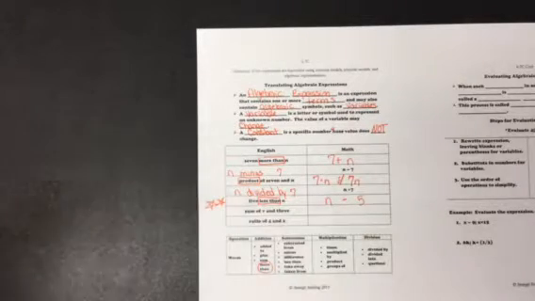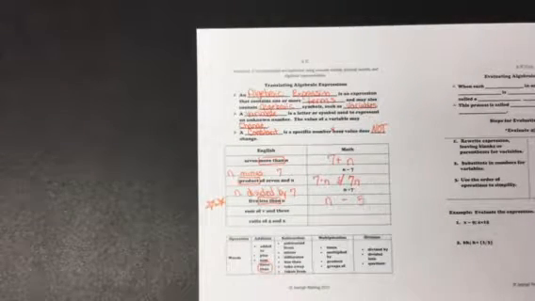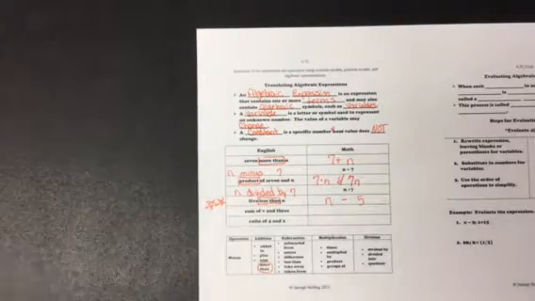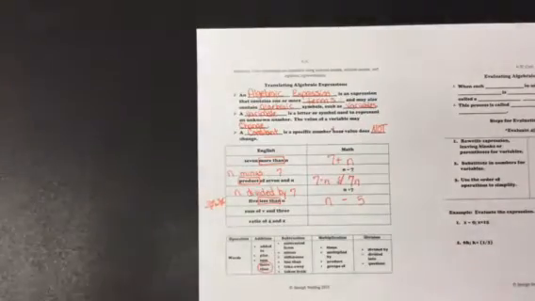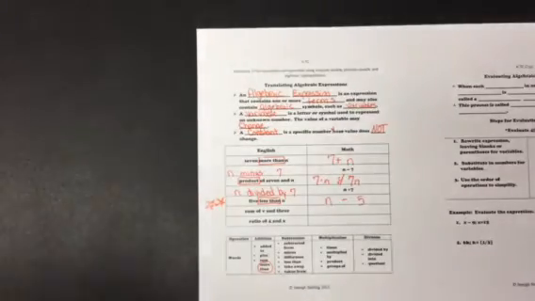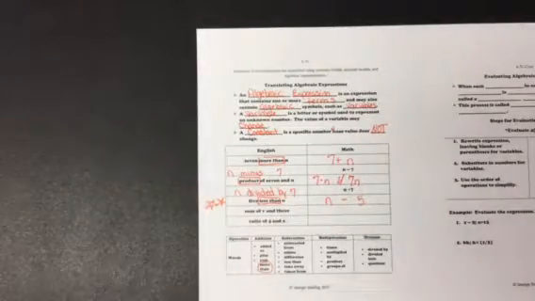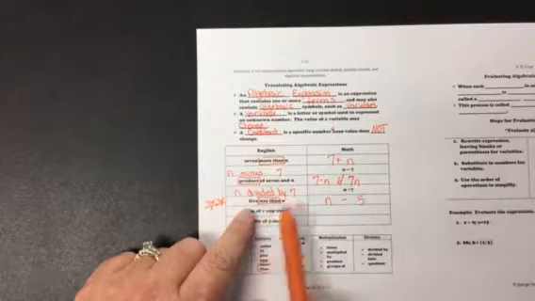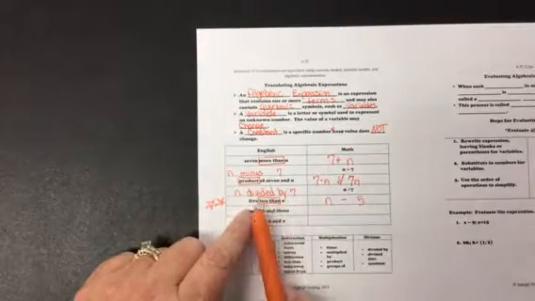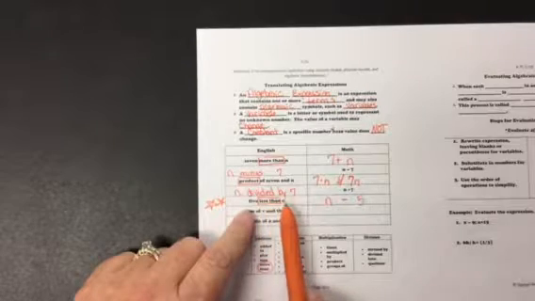What I do with these, because I'm not going to lie, I tend to get, oh my gosh, how do I write this correctly? I just pick a value. I'm going to make my variable a number. I usually use an easy number, like 2, or I probably would use 10 on this one. 5 less than 10.